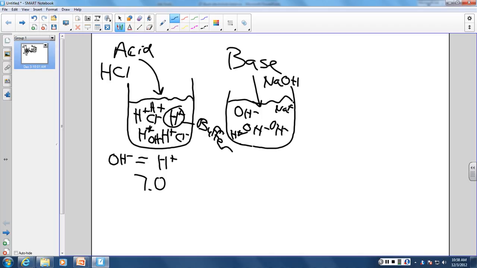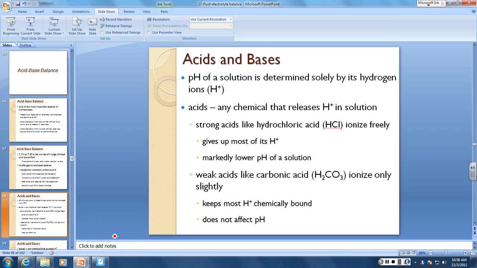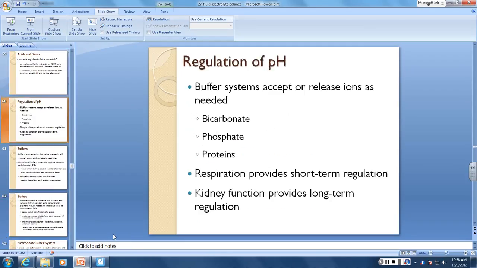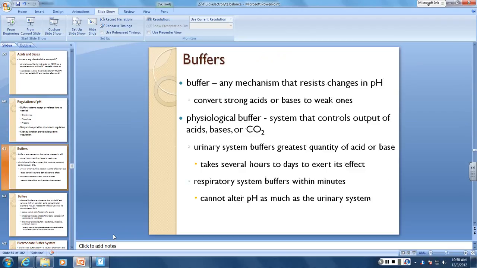If I go back to the slide here, these are the buffers: bicarbonate, phosphate, and protein buffers. All they do is connect either the hydrogen or hydroxide, depending on the situation.